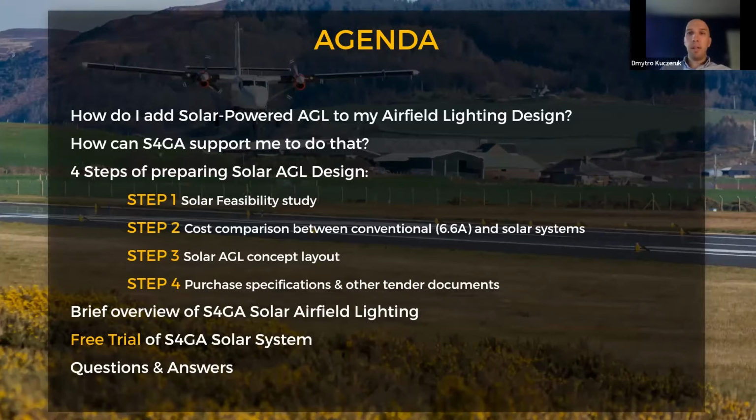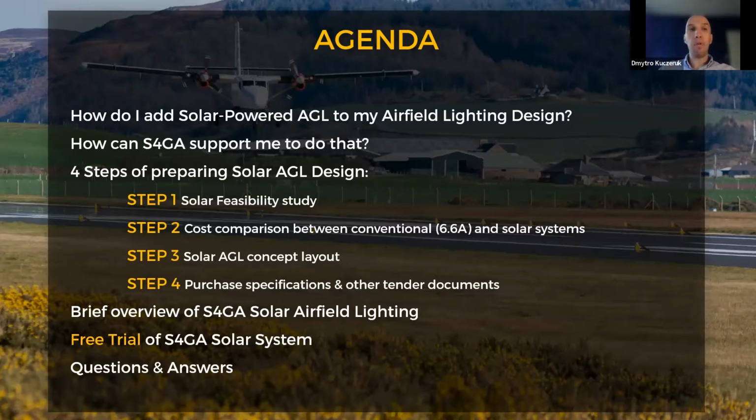So let me provide you with a brief overview of our plan for today. I'm going to answer 2 main questions. Number 1 is, how do I add solar-powered AGL to my airfield lighting design? And the second question is obviously, how can S4GA support me within my project?